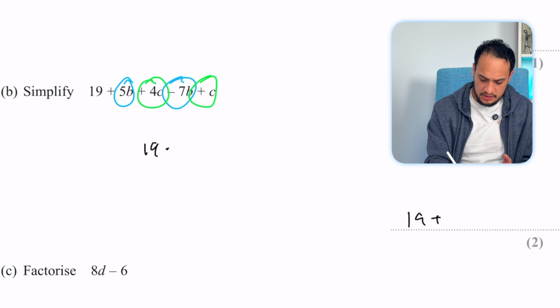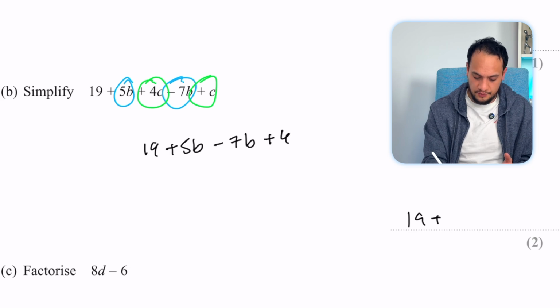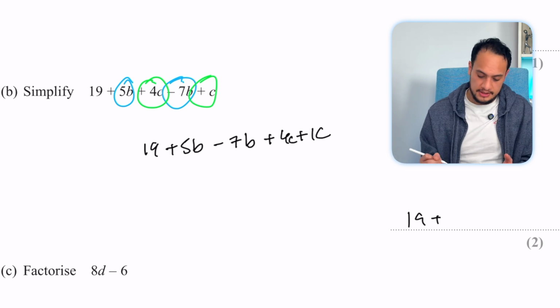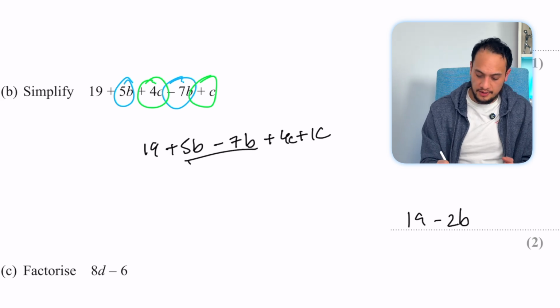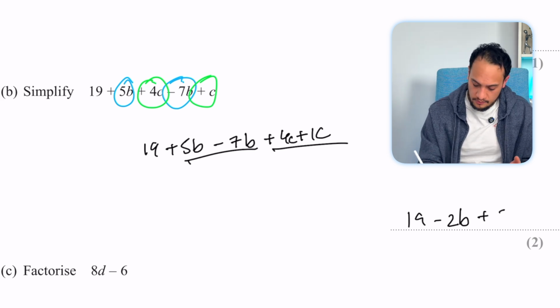I'll show it fully so you can see what I'm doing. So that, take away 7b, and then I've got plus 4c plus c, which is the same as 1c. So 5b take away 7b is minus 2b. So I've added those together. Now I just need to add my c terms. So I've got plus 4c plus 1c, which is plus 5c.